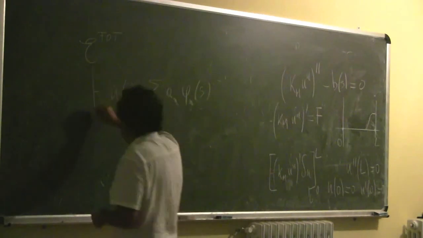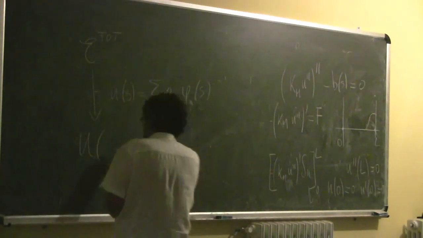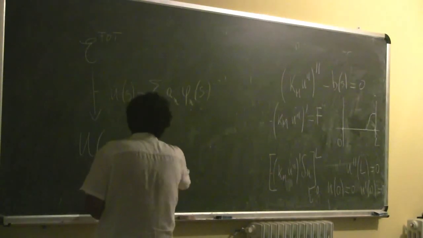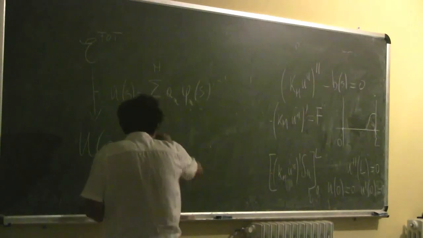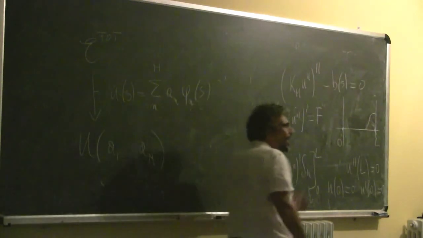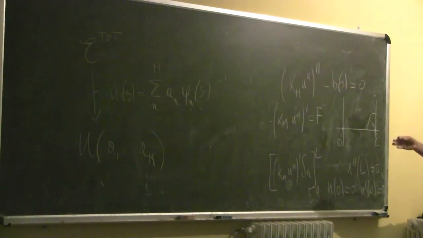this becomes a function of A1, ..., capital N. So I have a function of capital N variables. I calculate all the partial derivatives of this.